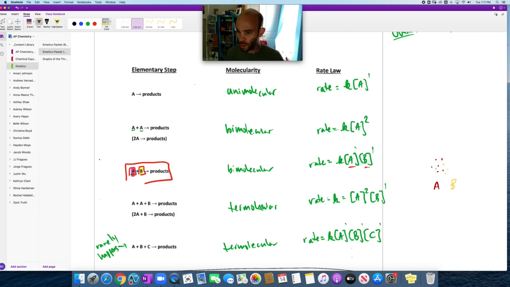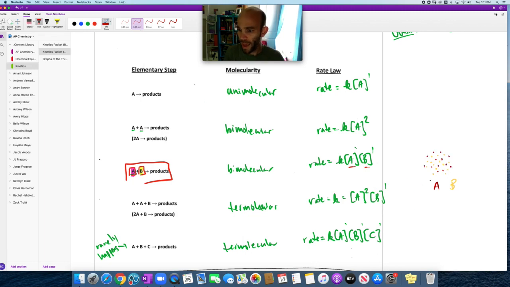But if we can increase the concentration of B, now we're increasing the probability for effective collisions. The more B, the higher the probability for effective collisions. In fact, if we double B, we're going to double the chance for effective collisions. If we double A, we're going to double the chance for effective collisions.